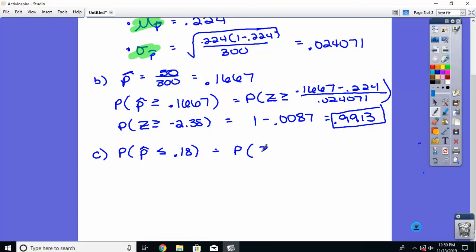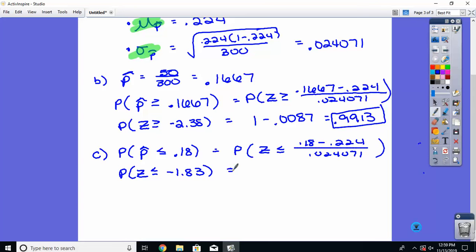So change it to a z. If you plug that in, we get z is less than or equal to, you just read from the table, so you go to negative 1.83 and it tells you 0.0336.